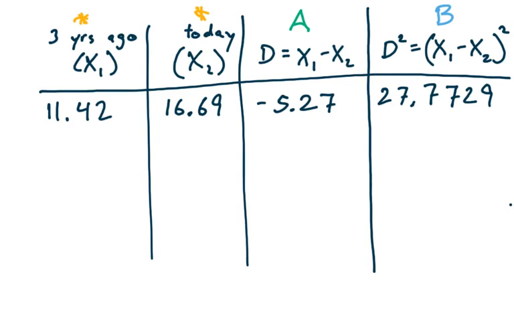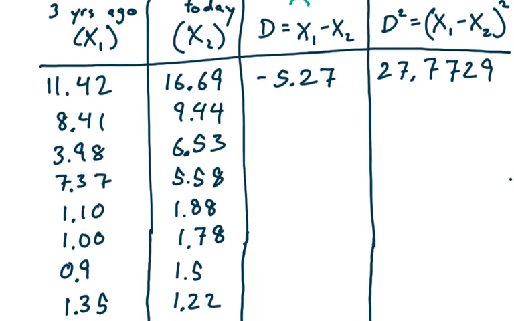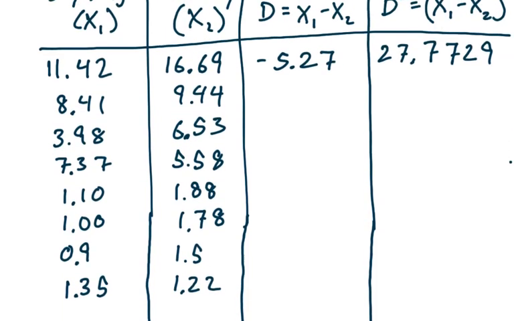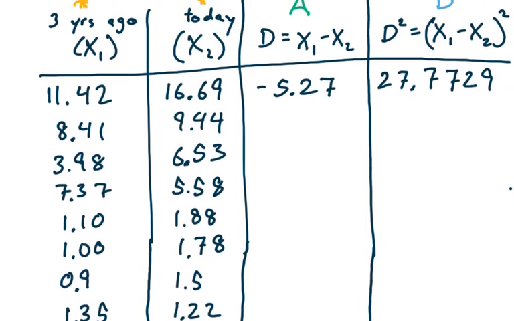We'll just continue that same procedure, filling in all of the data that we have for all 9 of these banks. Like I said, we copied down all of the raw data. In the first column we put all of the figures from 3 years ago, and in the second column, making sure not to switch up the banks.